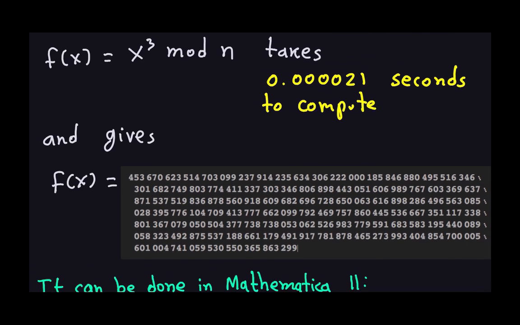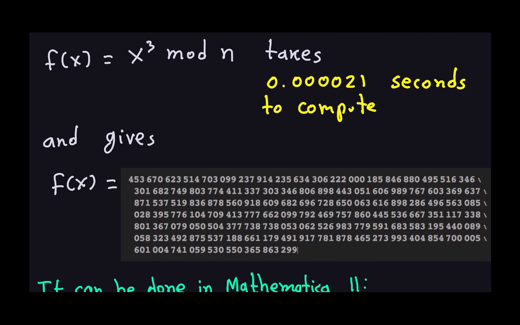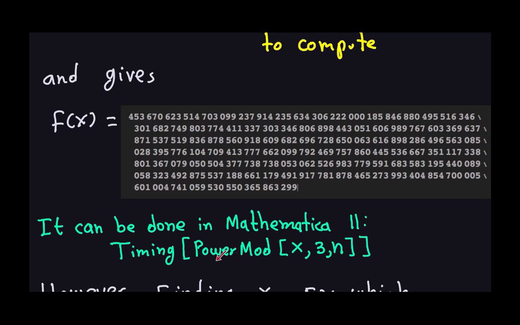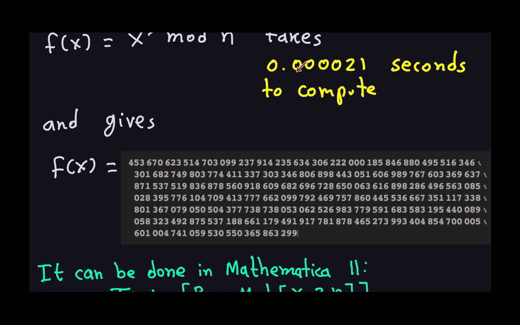That's how I got this number right here. And PowerMod does what you think it does. PowerMod takes the base, which is my x, then the exponent, and then the modulus. So this does modular exponentiation in Mathematica, which is nice. It's just a command that you type like this with brackets. And Timing, closing this bracket, is going to tell me the answer together with how much time in seconds that took. So that's how I got this number right here.